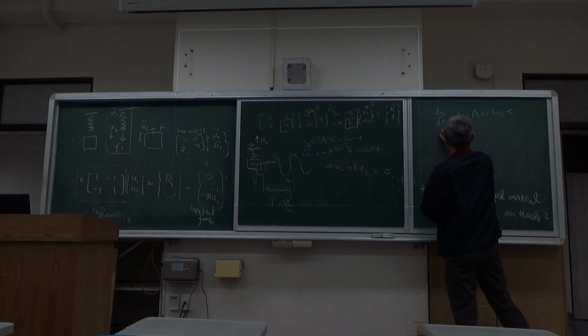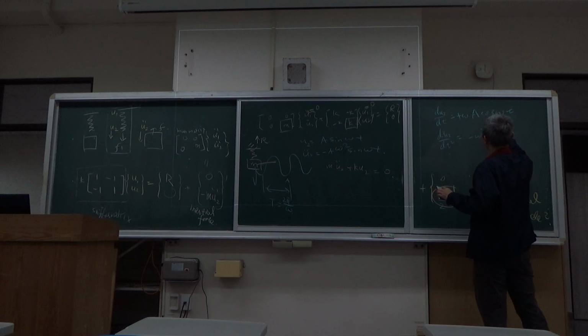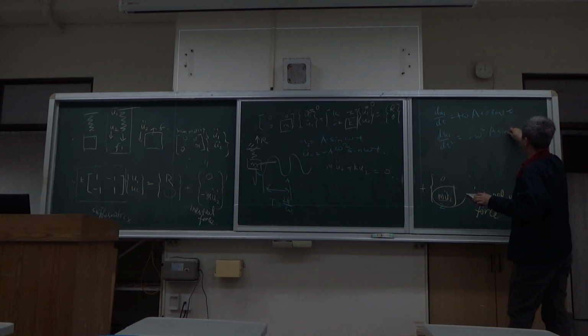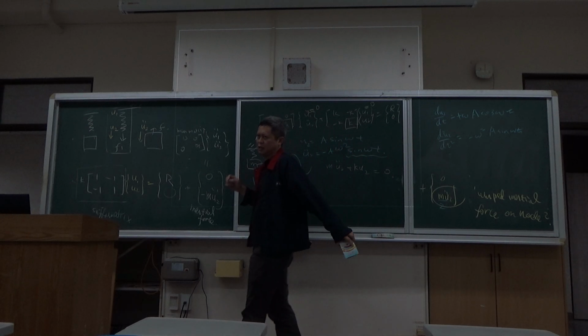If you differentiate it twice, the differentiation of cosine gives minus omega square a sine omega n t. That is how you get it.